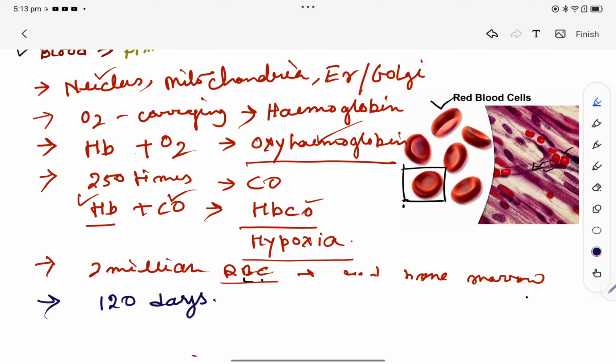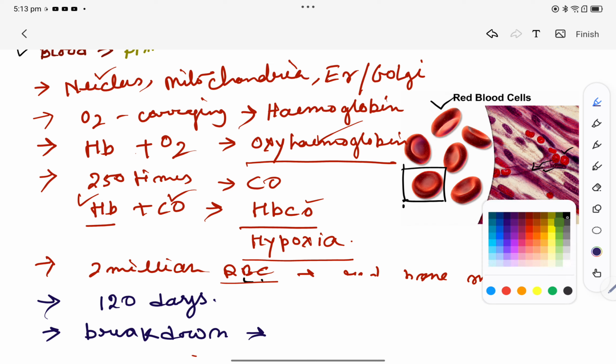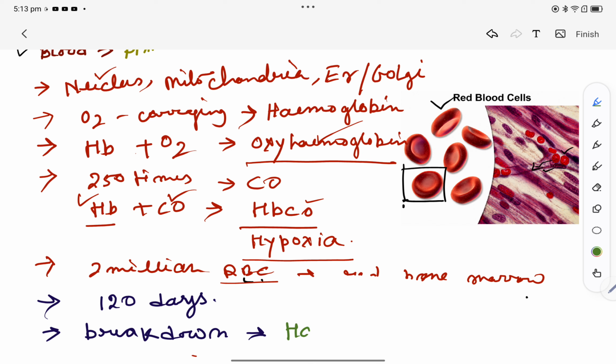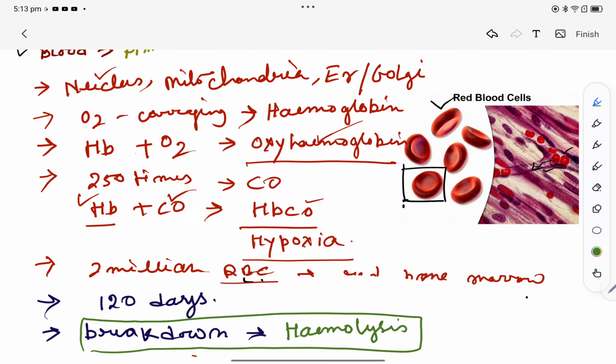After 120 days, breakdown of RBC takes place. This particular process is called hemolysis. Hemolysis means breakdown of RBCs. Where does it take place?